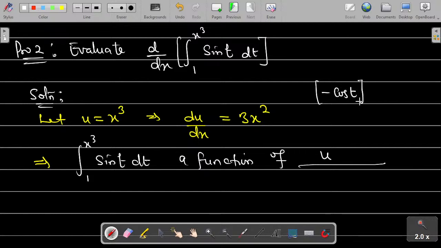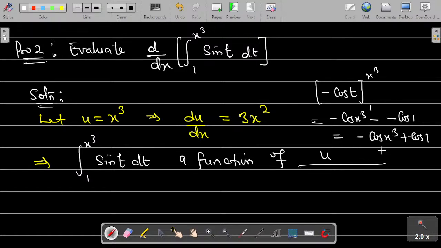Since it's a definite integral, it goes from 1 to x cubed, so the substitution gives minus cos x cubed, then minus the lower bound, minus cos of 1. Cos of 1 is going to be a constant, so this is minus cos x cubed plus cos 1. You can bring the cos 1 in front, but that's not our interest.